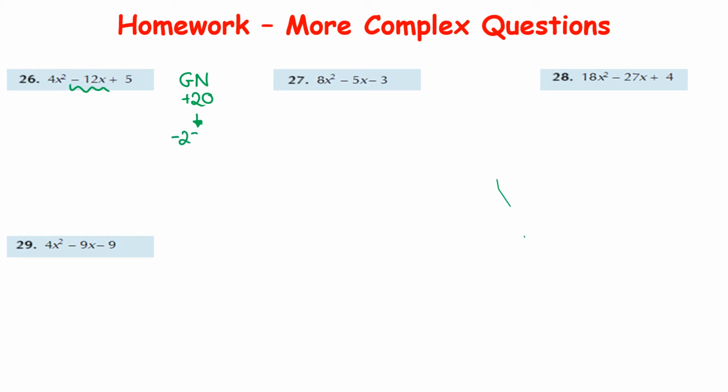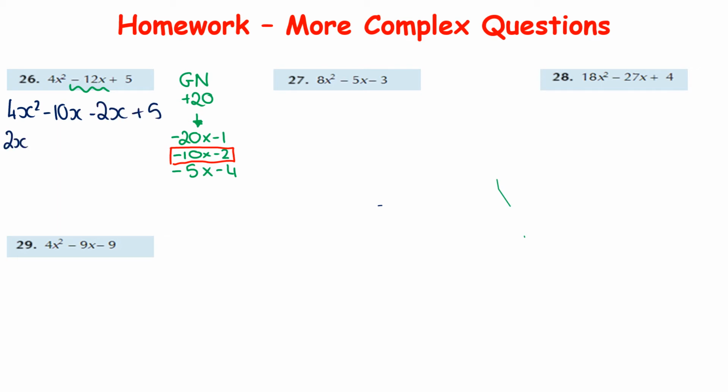So minus 20 by minus 1, or we have minus 10 by minus 2. 3 doesn't divide in, so minus 5 times minus 4. The one that works for us is minus 10 by minus 2. So that gives us 4x squared minus 10x minus 2x plus 5.